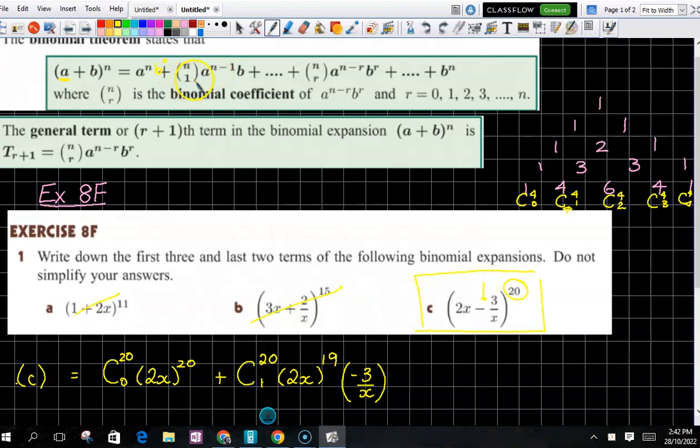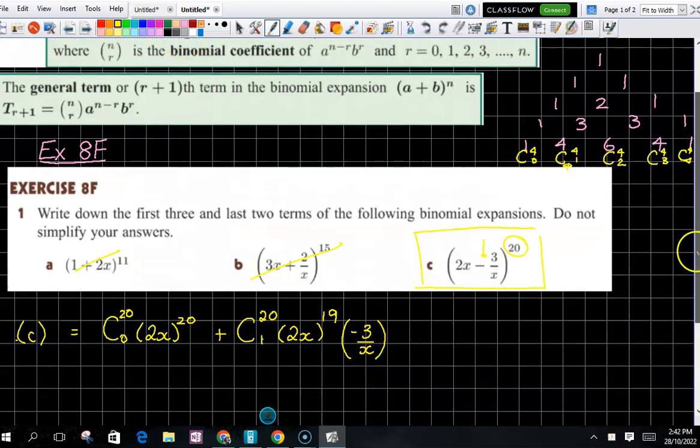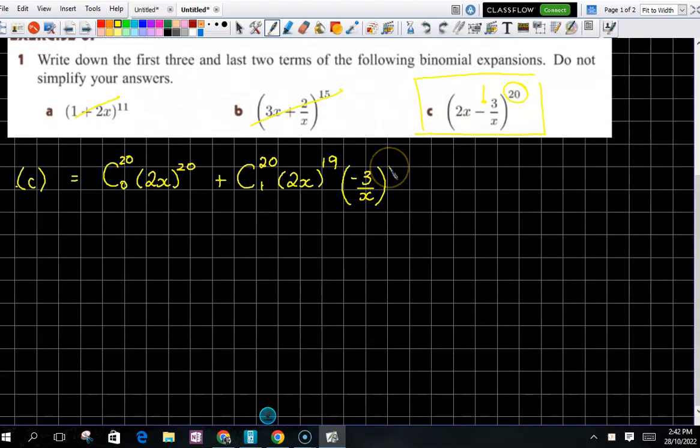So n take 1, and then this is actually your r. What's the other reason we know that it should be 1 if we're not following that rule? Yeah, the powers have to add up to the n. What's another reason why it should be 1? Following the pattern, that would have been 0, this would have been 1.